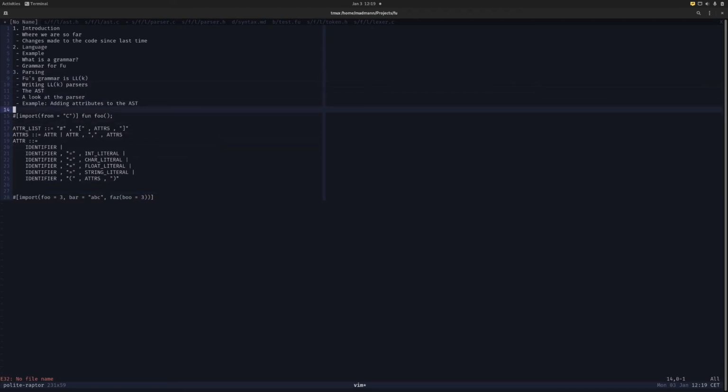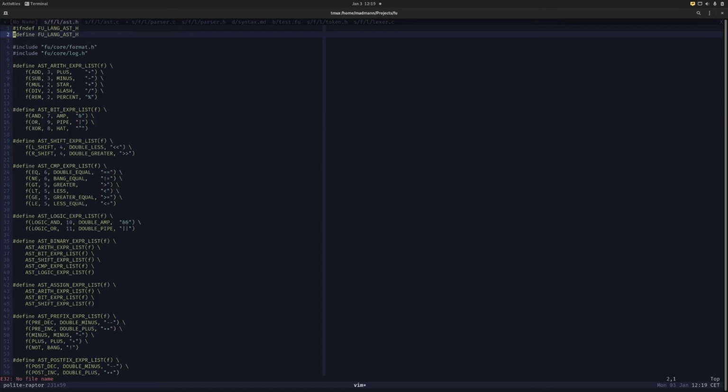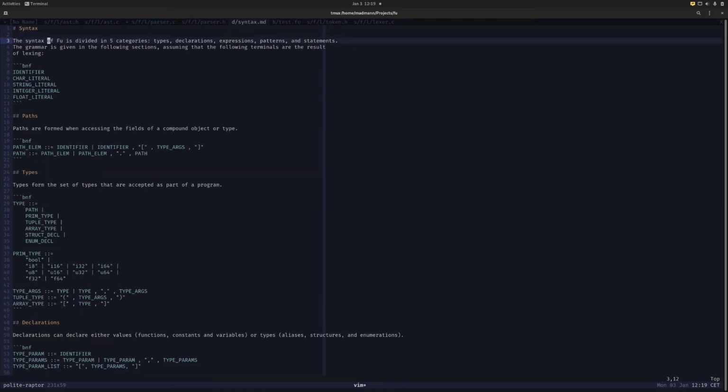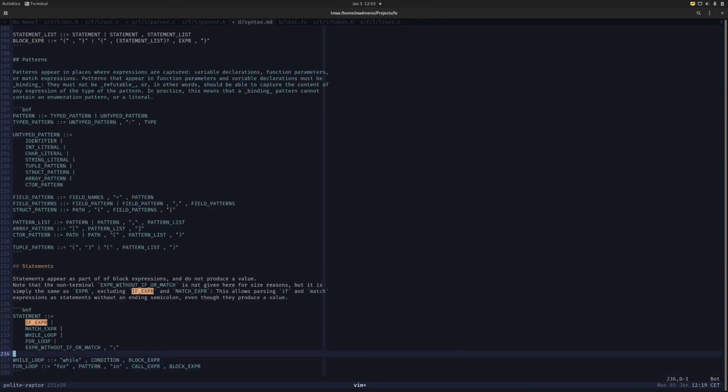So this is what we're going to add to the syntax file. So I go back to the syntax file, I say in 5 main categories, because of course it's more than that.